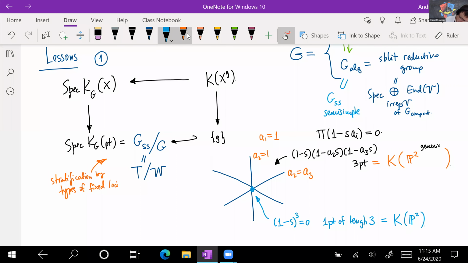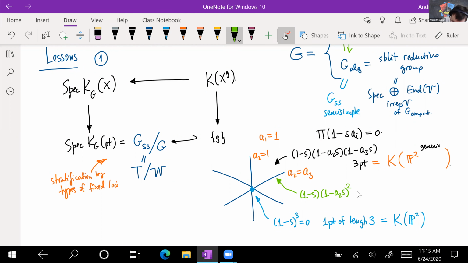And there's an intermediate case where A2 is equal to A3. So when A2 is equal to A3, I'm going to get 1 minus S over 1 minus A2 S squared. And so this is 1 point of length 1, and then another point of length 2.